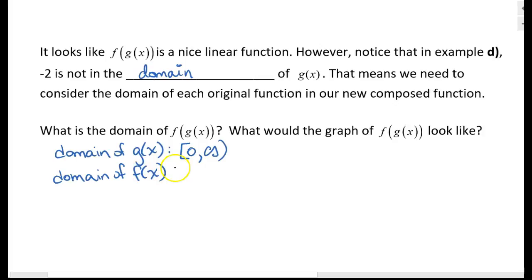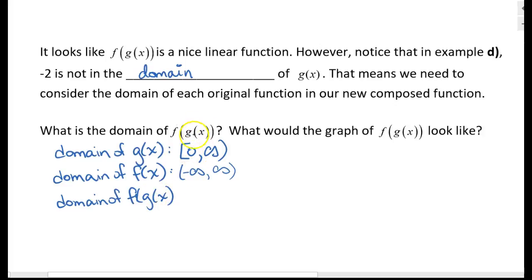It's a quadratic, so it's anything to anything. But because of this restriction in g, and the fact that it's actually going to control my inputs into f, my domain of f of g of x relies on the range of g.